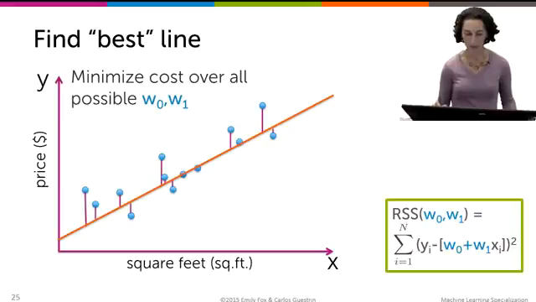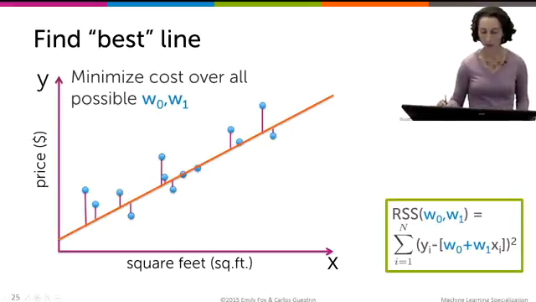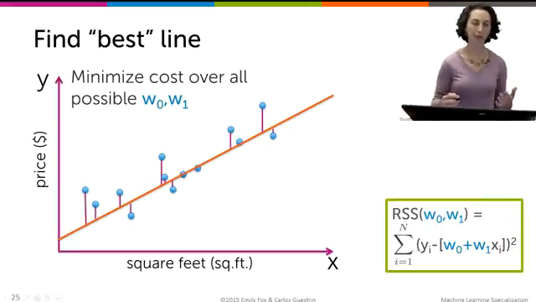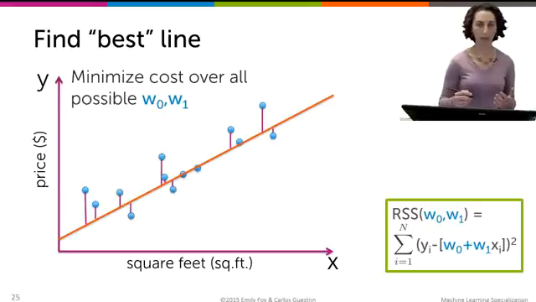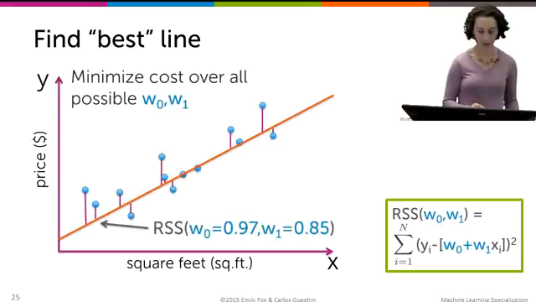Okay, so now that we have this notation, let's talk about how we think about finding the best line. So we have this function that if you give me any W0 and W1, it defines a specific cost. So for example, for this line, let's say the intercept was 0.97 and the slope was 0.85.